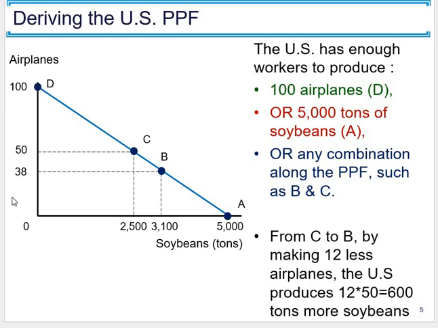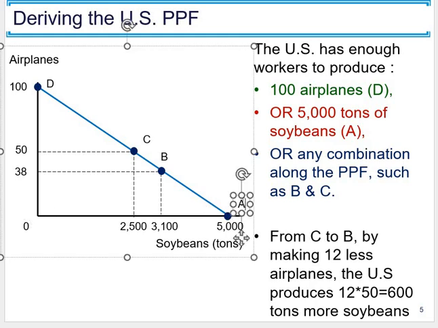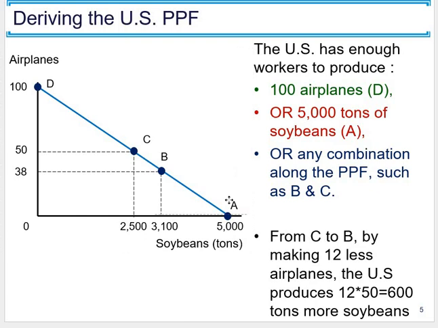At the same time, if the US decides to put all its resources, which is workers, into growing soybeans, then we can get 5,000 tons of soybeans, and we have 0 airplanes. That's what point A is about.